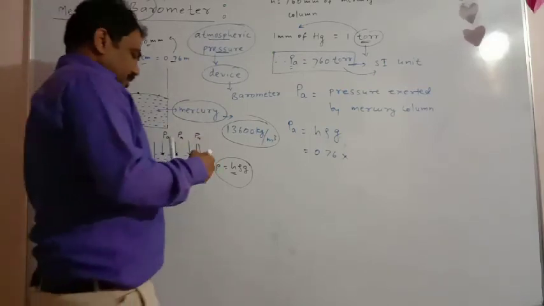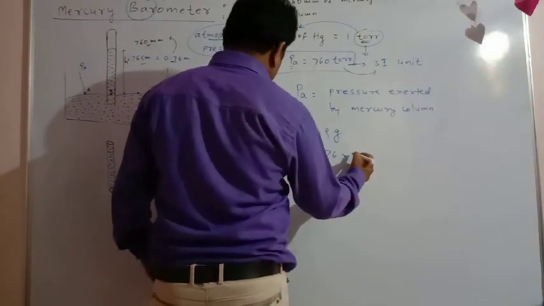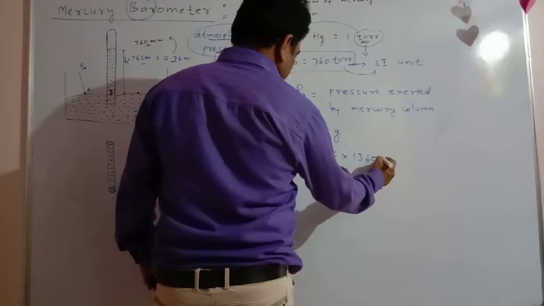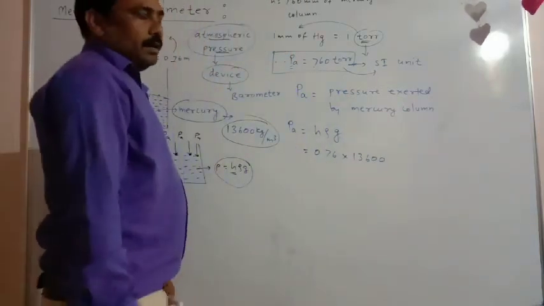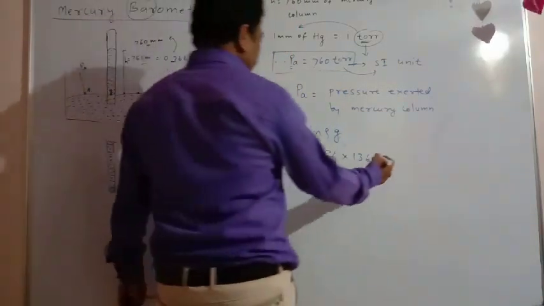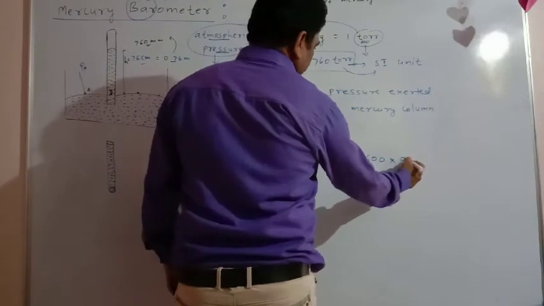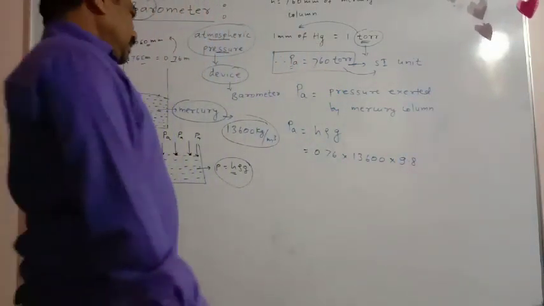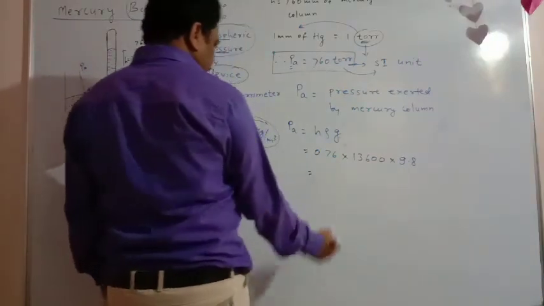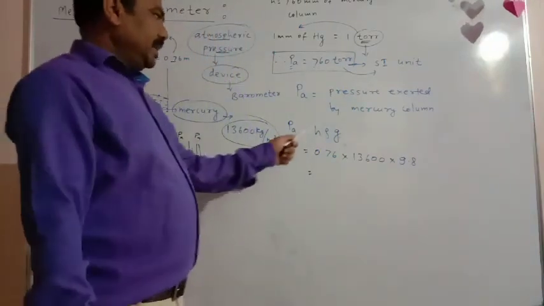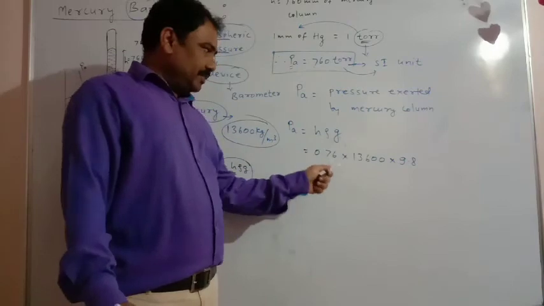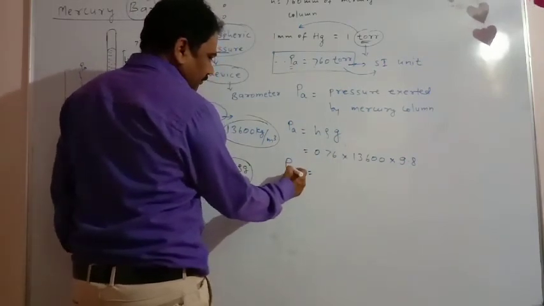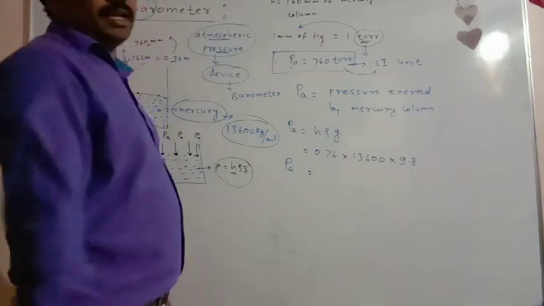It is in SI unit. So we can write here the density of the mercury liquid, 13600 kg per meter cube, multiplied by gravity. We know gravity is 9.8 meter per second square. If we put the values of height, density and gravity in SI units, then we can get the exact value of atmospheric pressure in SI unit.